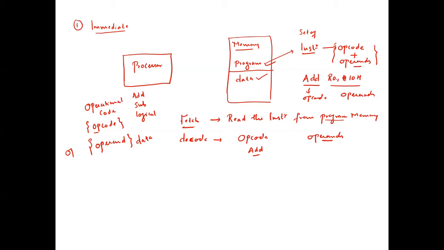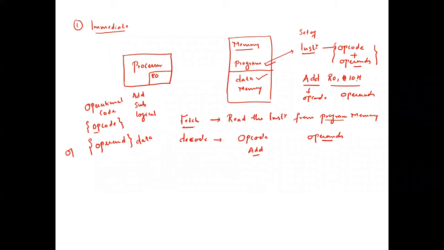Now, what is the meaning of this instruction? It will add the content of a register. Where are the registers available? The registers are available inside the processor. For example, here we have the R0 register. And where is this immediate value? This immediate value is neither stored in data memory nor in a register. It is stored along with the instruction.